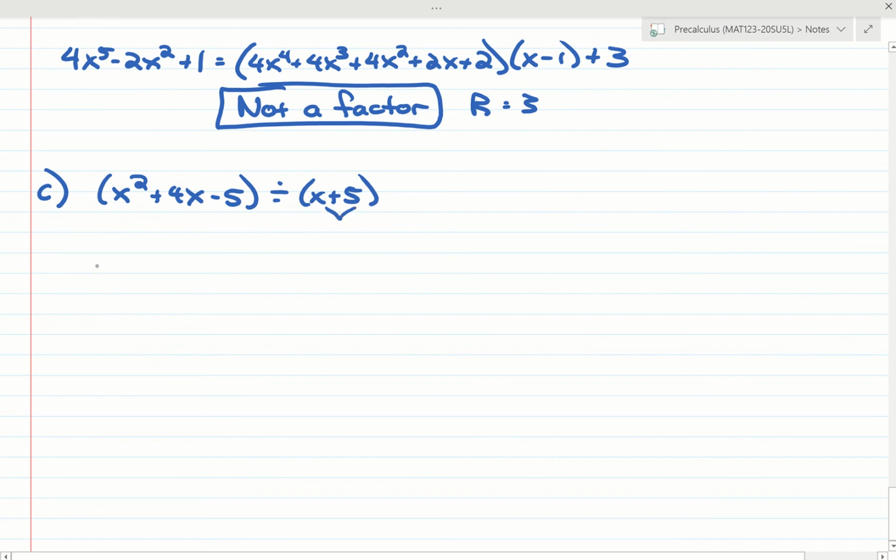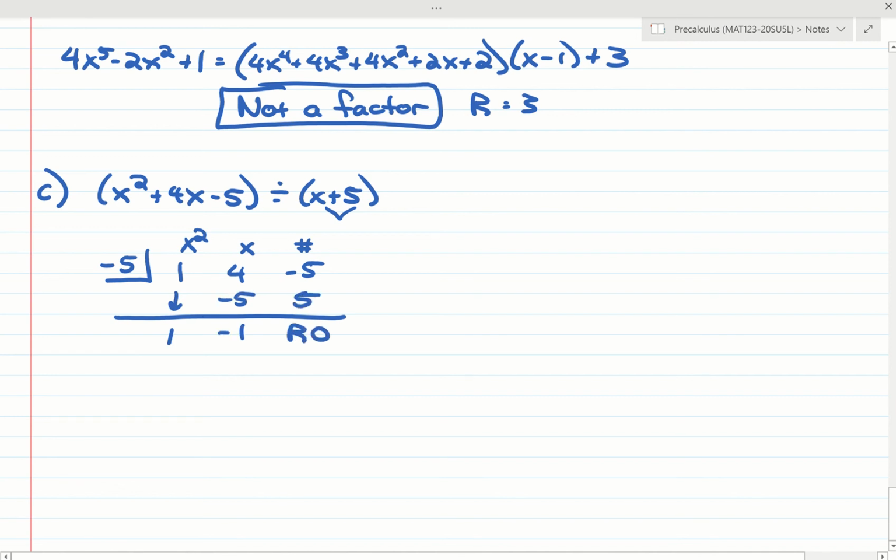Synthetic division, we're going to put negative 5 in our box. We have an x squared term, then we have an x, and then our number. So we have 1x squared, 4x, negative 5. 1, negative 5, negative 1, 5. We get a remainder of 0, which means that yes, x plus 5 is a factor.